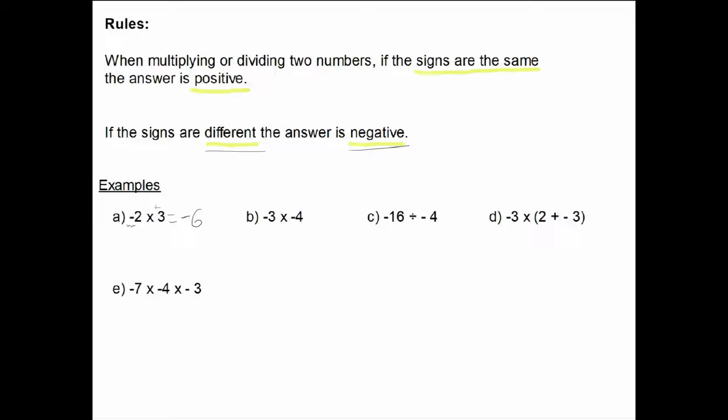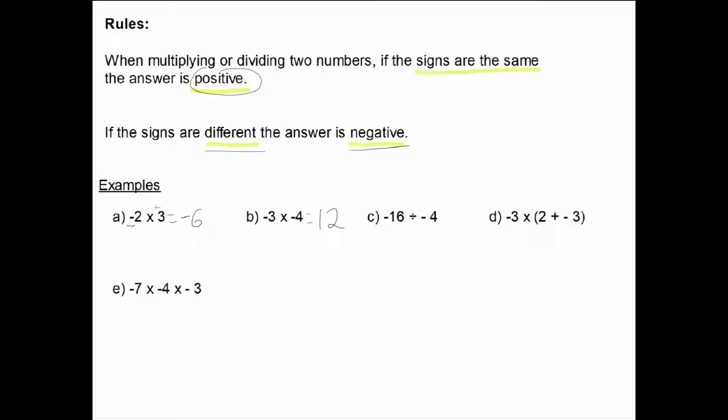So I just do 2 times 3, which is 6, and then I determine if the sign is going to be positive or negative, and I put my sign in. Secondly, B: minus 3 times minus 4, I know that's 12, and I have a minus times a minus, so the signs are the same, which means that my answer is positive. So I have plus 12, or I can just write 12.